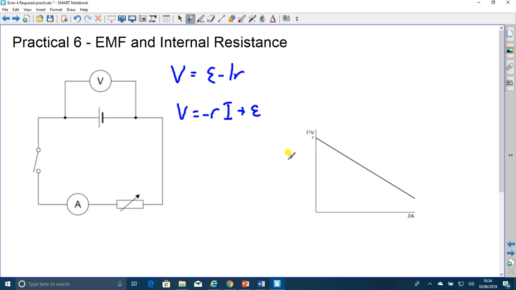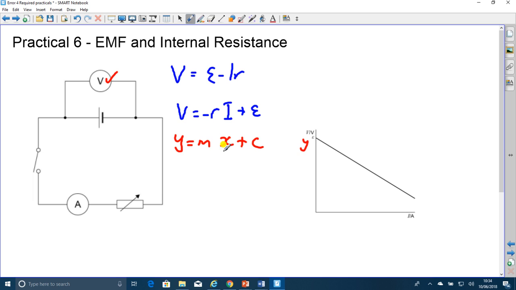The reason we do this is because when we're working out the EMF of the battery, we're looking at the terminal potential difference, the potential difference of this voltmeter. As we change this resistance, we're going to get different values for current, and that enables us to work out the internal resistance of the battery. When we look at the equation y equals mx plus c, that's why I've rewritten the equation like that, because the y-axis here is V, this voltmeter here.